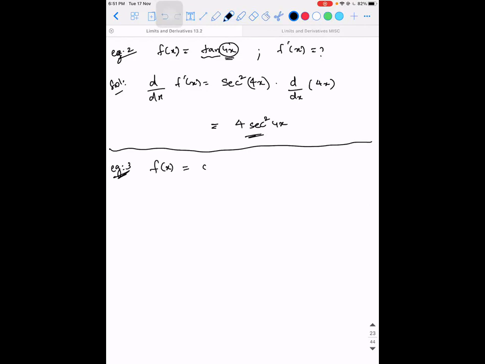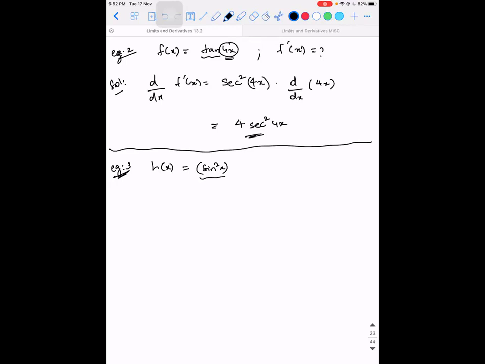The next model is, suppose I give you a third example like this: f of x is equal to sine square x. Is this a basic function or a composite one? Basic, sir. It's actually not a basic one because you don't have a direct formula for sine square x.